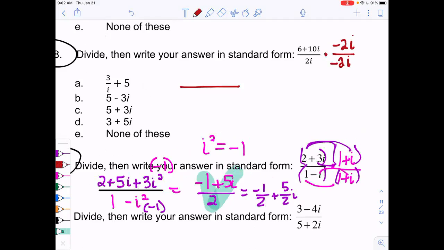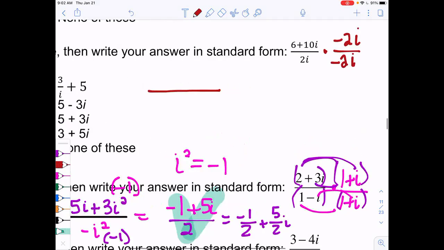So again, if we multiply here, taking the 6 times the -2i, and then the 10i and the -2i is -20i squared. On the bottom, 2i and -2i make -4i squared. So Kaden, what's your numerator become?